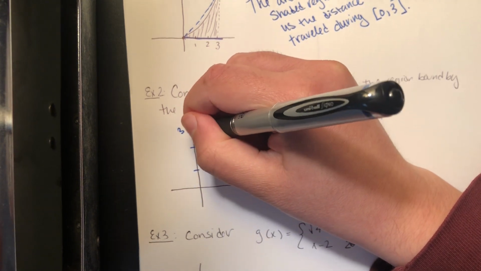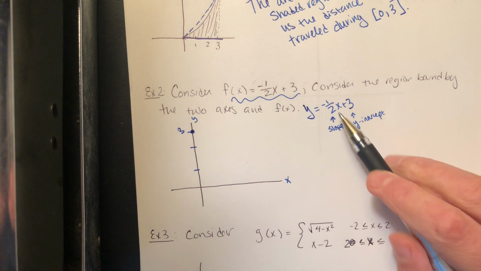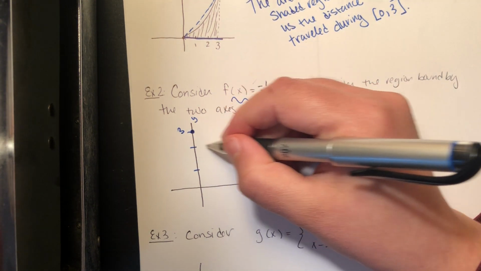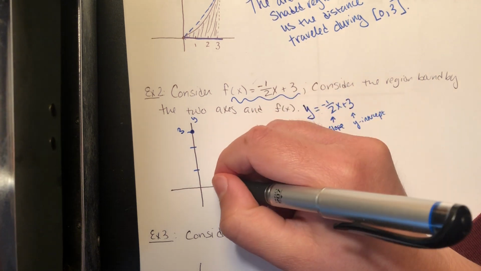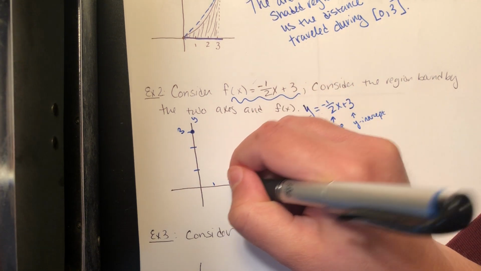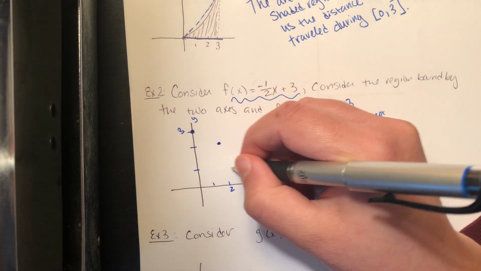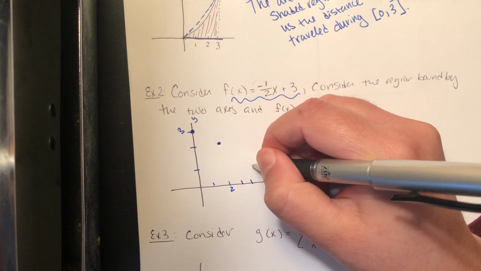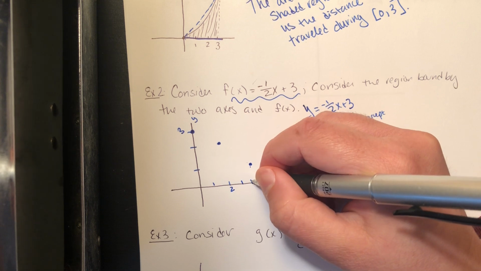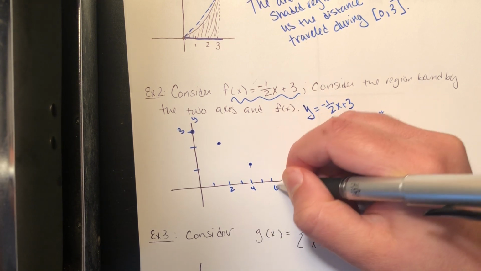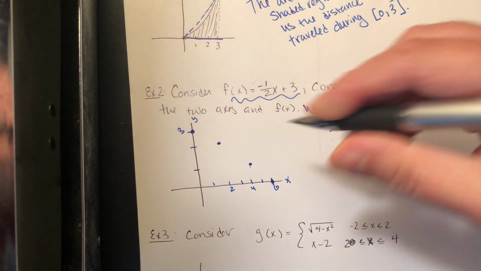We've got a y-intercept of 3 and a slope of -1/2, which means every time I go down 1, I need to go over 2 to the right. Then I go down 1 again and over 2 more. And I go down 1 again and over 2 more. This is where I'm going to hit the x-axis.